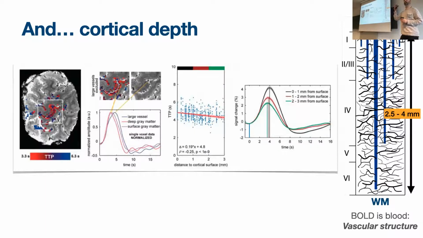This has all sorts of repercussions, but I just want to highlight that this is within an individual, right? And the distance between these different curves is millimeters from one another. So even in that close a vicinity, you get pretty strong changes in the shape of the BOLD response.